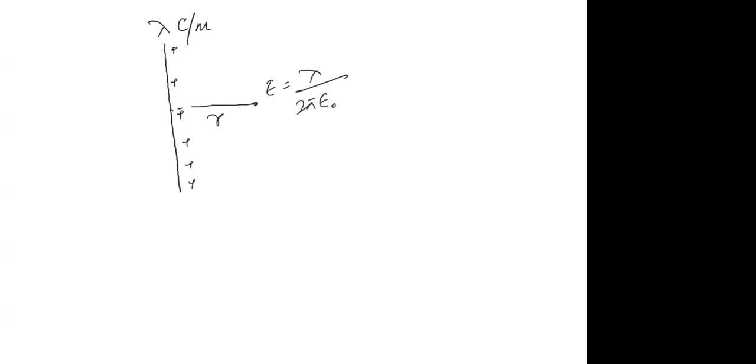This was a wire carrying a charge density of lambda coulomb per meter, and we derived the electric field at a point at a distance of r from this wire, and we got the electric field as lambda upon 2 pi epsilon naught r. Do you remember this? Yes, sir. Okay, this was the last formula that we derived in the last class.